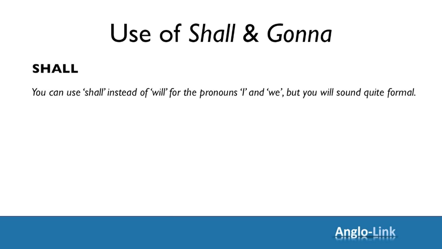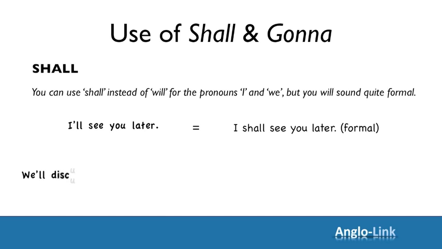You will be correct, but formal. So you might hear, or you might say in a formal situation, instead of I'll see you later, you can say I shall see you later. We'll discuss this tomorrow. If you want to sound more formal, you could say we shall discuss this tomorrow.